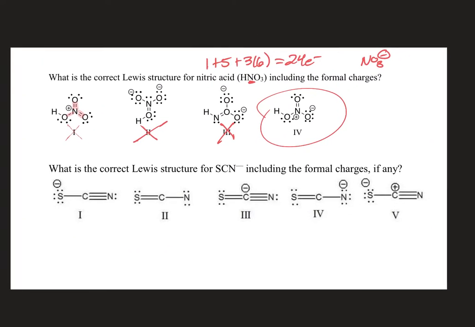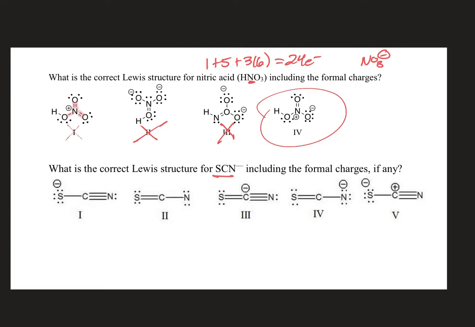All right, bottom question, what is the correct Lewis structure for SCN minus, including the formal charges, if any? So this one, it's called the thiocyanate ion. Sulfur is not the central atom. So this is actually one of those exceptions where the one on the left is not central.